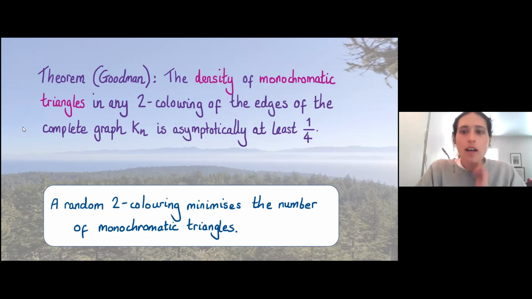This is true for triangles. The next natural thing to wonder is, what about other complete graphs? Is it still true that if you consider K_t, how do we minimize the number of monochromatic copies of, say, K4 or K5?